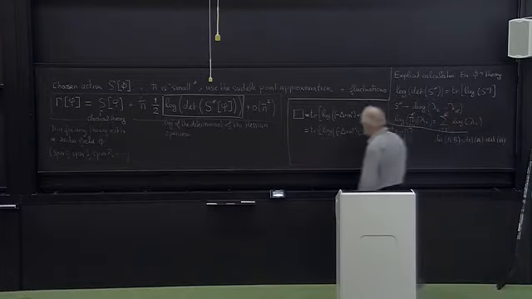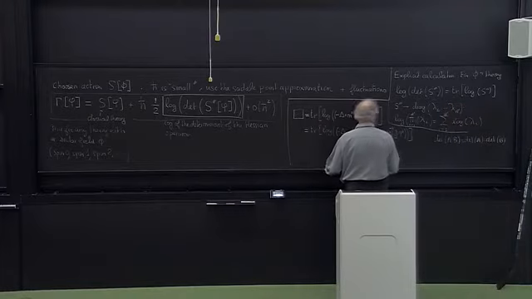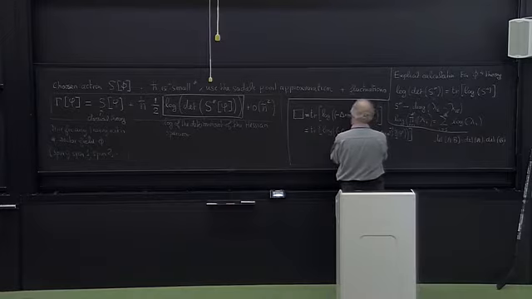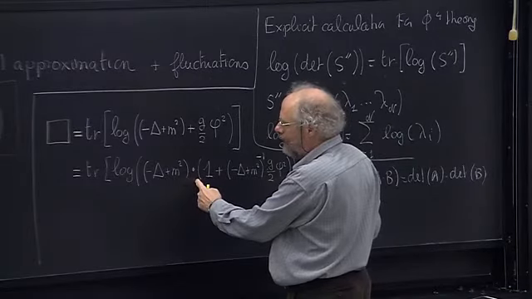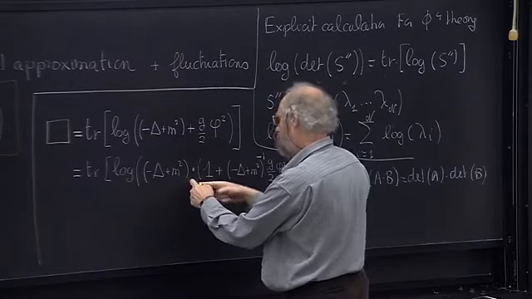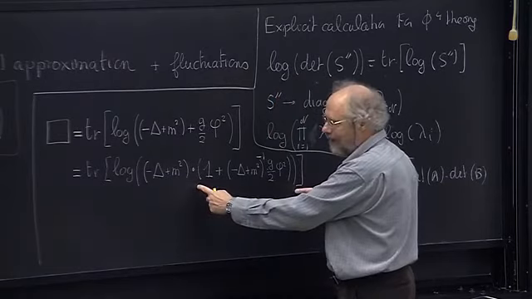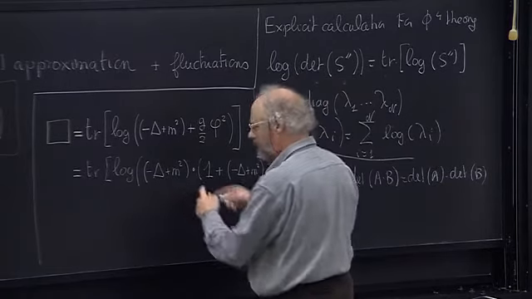So we can rewrite this as the log of the determinant of this plus the log of the determinant of this, which is a trace of the log of this plus the trace of the log of this.